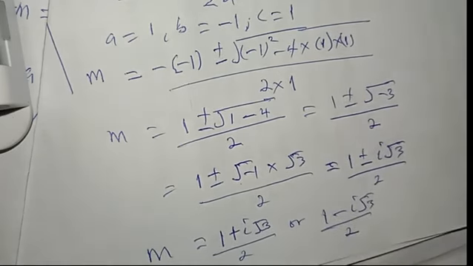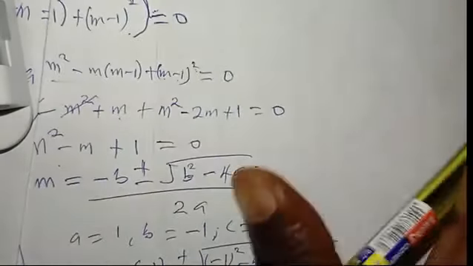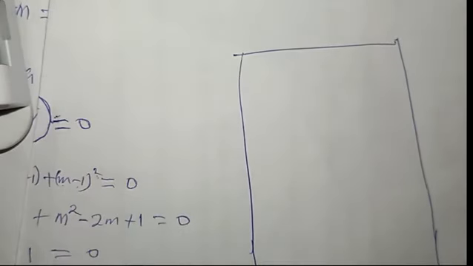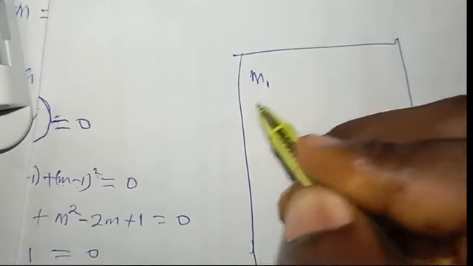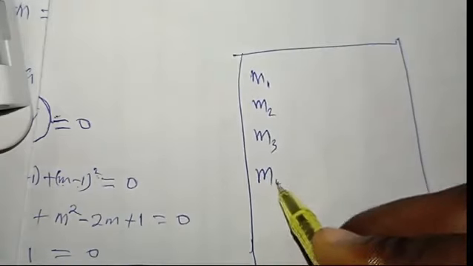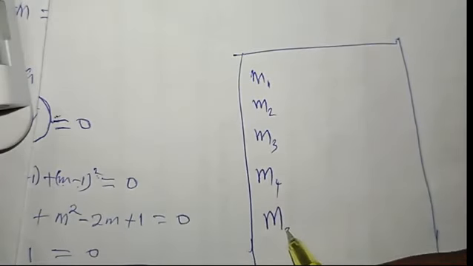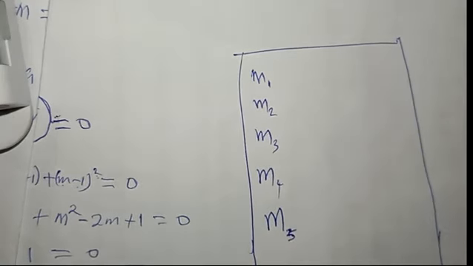Okay, so these are just the values of m which we've gotten, and of course I can go ahead to just highlight all of them here. So I'm going to put that in this rectangle over here. So we've gotten m1, m2, m3, m4, and then m5. Okay, so let me label them that way.